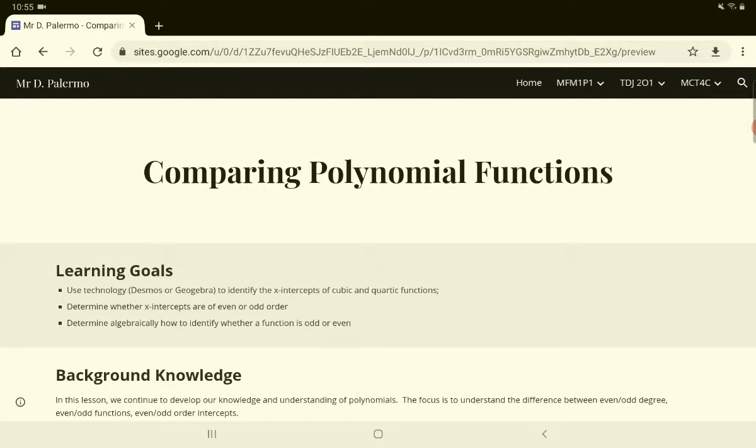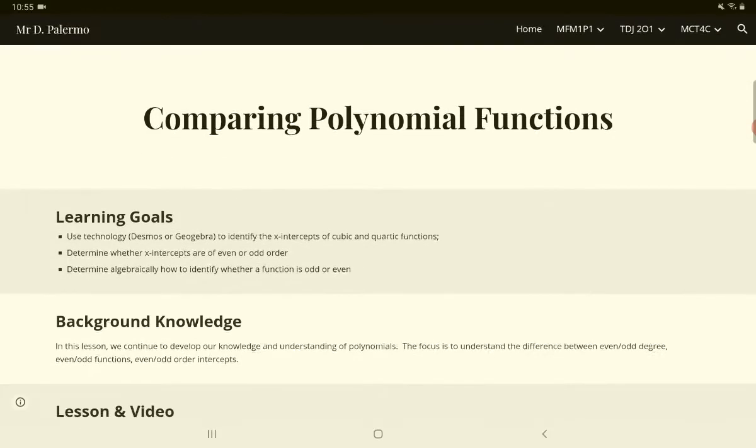Also, we'll look at how to determine algebraically whether a function is an odd or even polynomial function. There's a test that you do algebraically to identify that. So we'll get to those items.